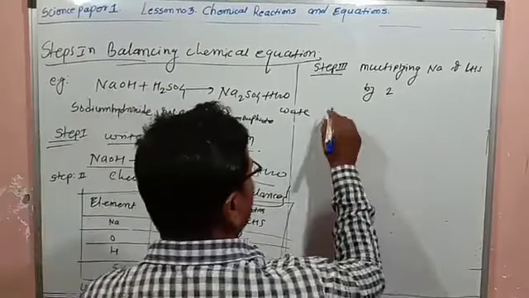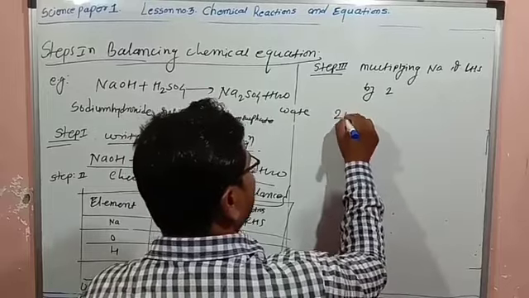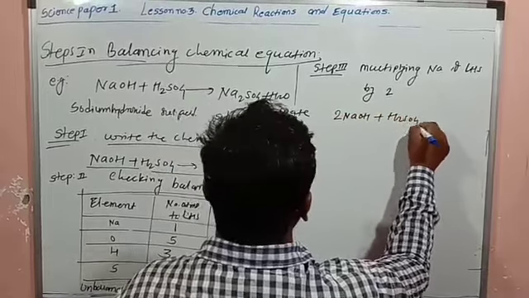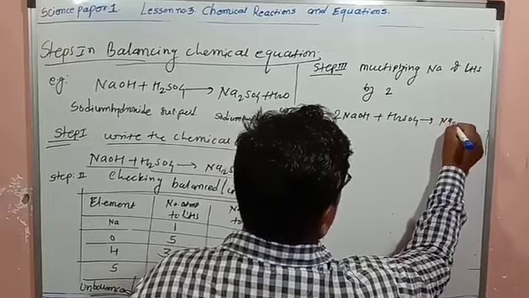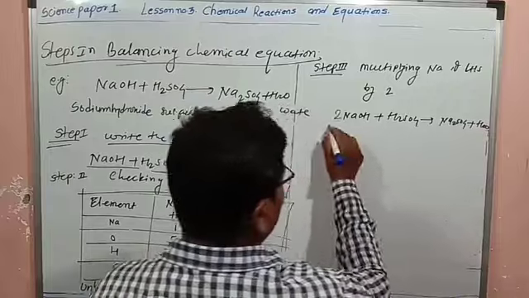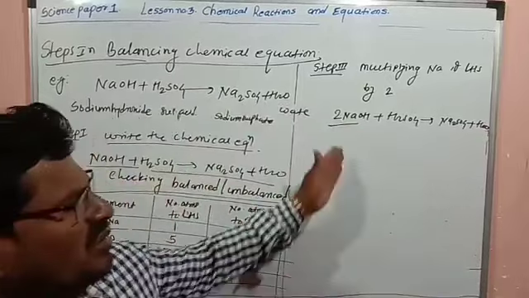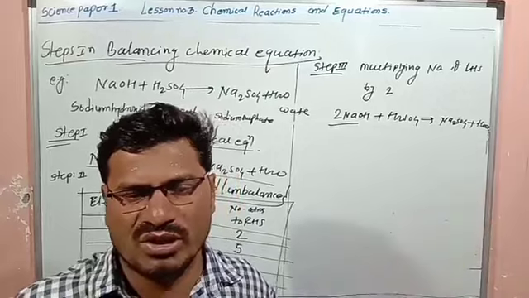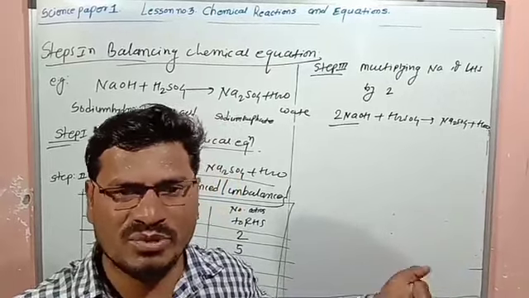So you have to write the chemical equation: twice NaOH plus H2SO4, it gives Na2SO4 plus H2O. Here the number of atoms of sodium on the LHS and RHS are equal. Now you have to check; this step is lengthy.